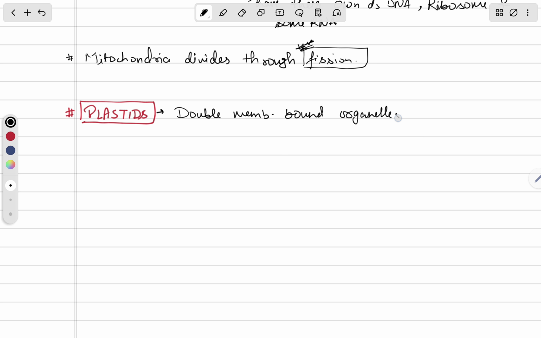These plastids are present in all plant cells, because plant cells are photosynthesizing cells, and in euglenoids. Euglenoids are also photosynthetic in nature, so plastids are present in plant cells and euglenoids.